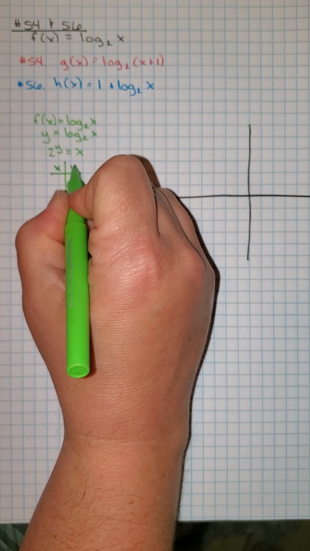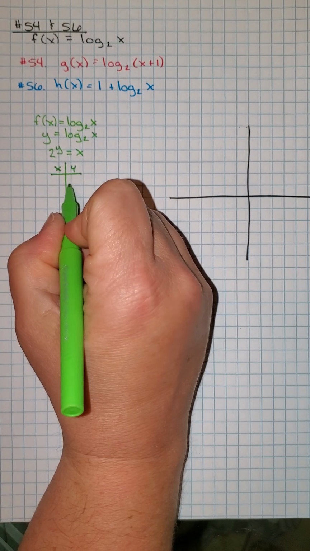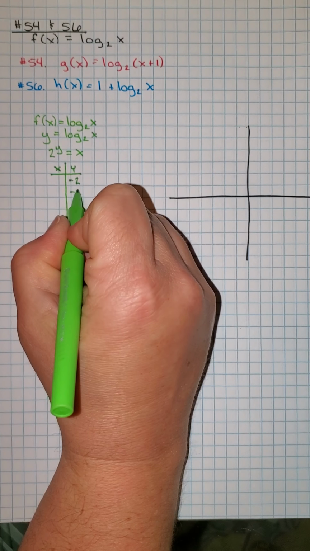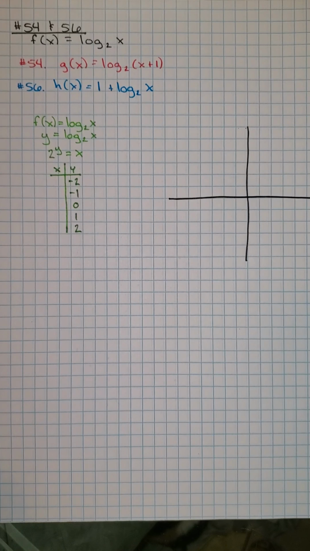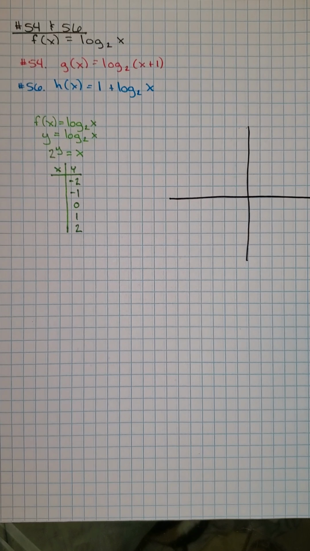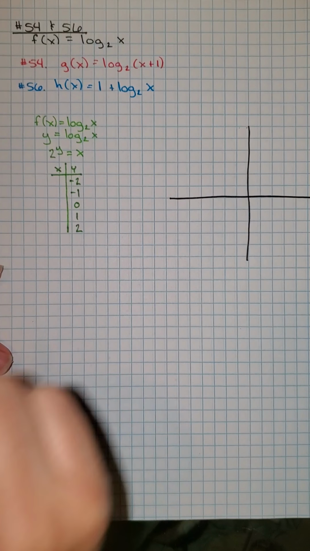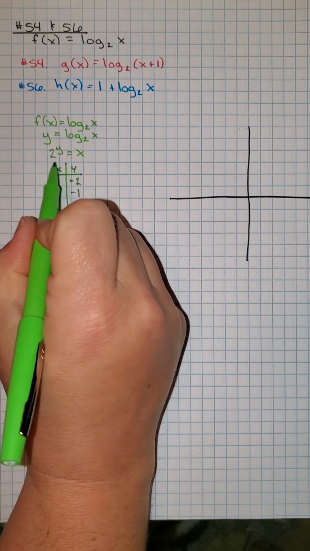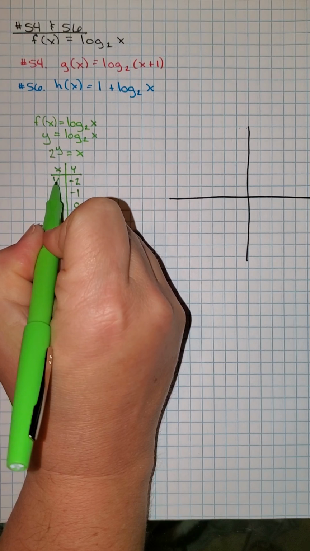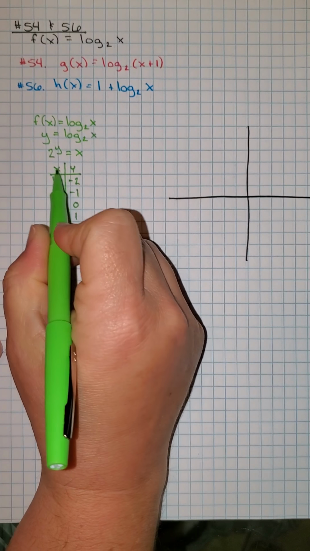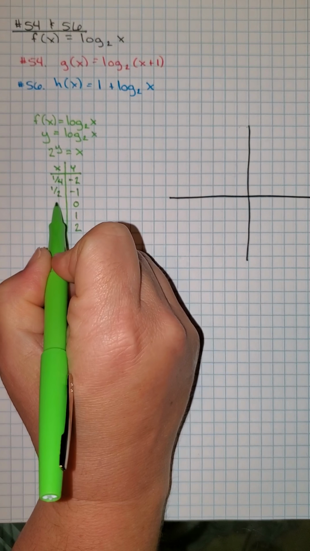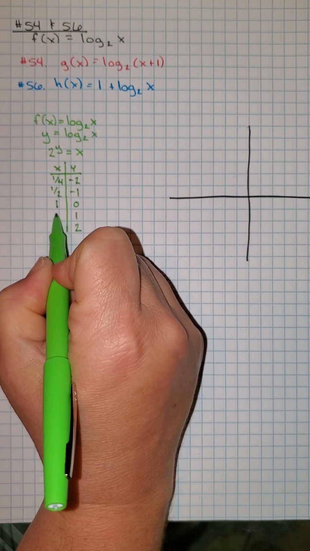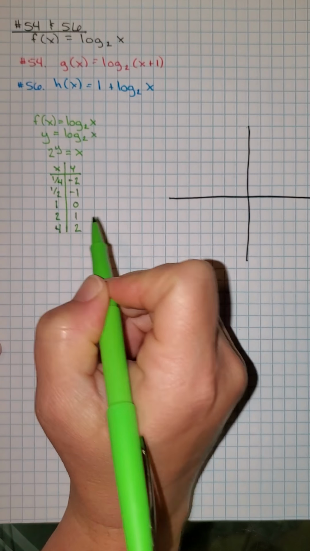Make a table of values. Put in for y, -2, -1, 0, 1, and 2. Alright, and then 2 to the -2, we'll flip it and make it 1/4. 2 to the -1 just flips it and makes it 1/2. Anything to the 0 is 1, 2 to the 1 is 2, 2 to the 2 is 4.